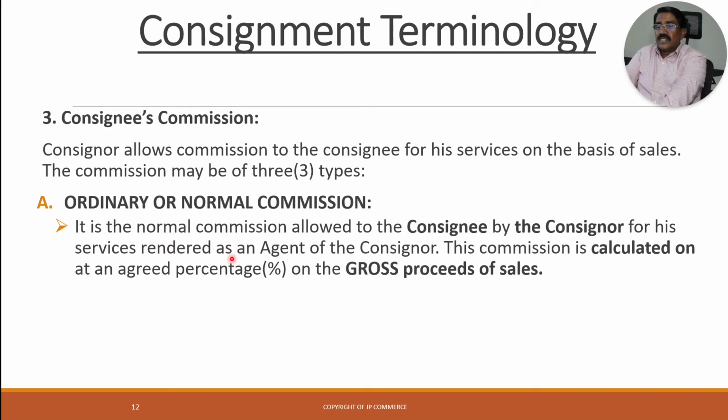This commission is allowed on the sales. In the earlier case, we saw in the account sales 20,000 rupees the consignee sold goods. On 20,000 rupees, let us take an example of 10 percent, means 20,000 into 10%, 2,000 rupees commission. We are allowing this commission, a normal commission, which is allowed only on the sales.